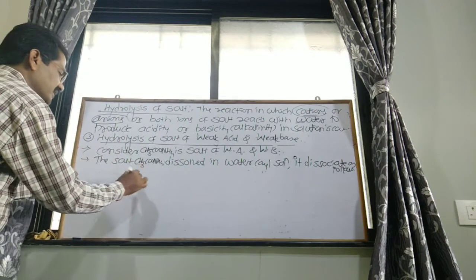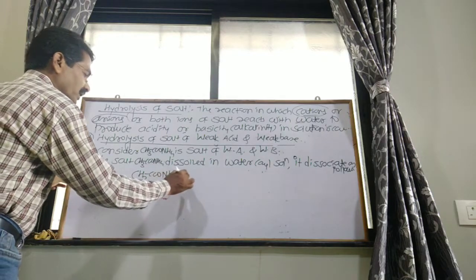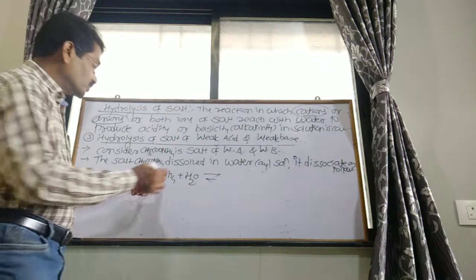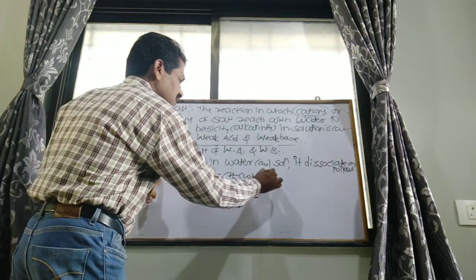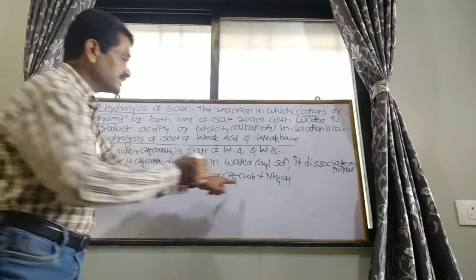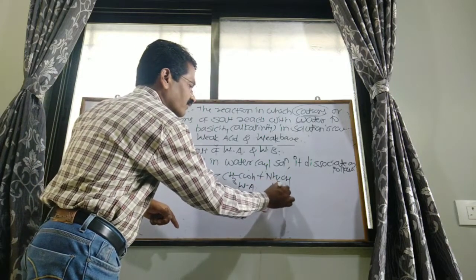So the ammonium acetate, CH3COONH4 plus H2O, gives acetic acid CH3COOH plus NH4OH. In this equation, acetic acid is the weak acid and ammonium hydroxide is the weak base.